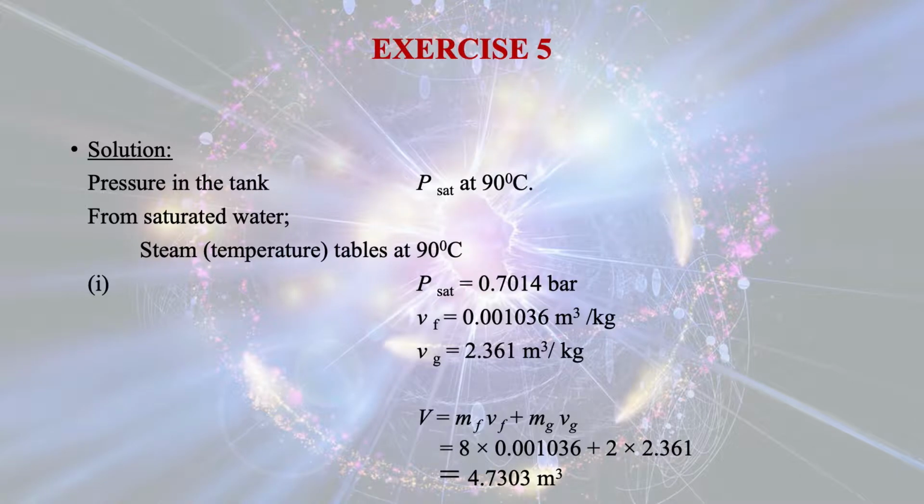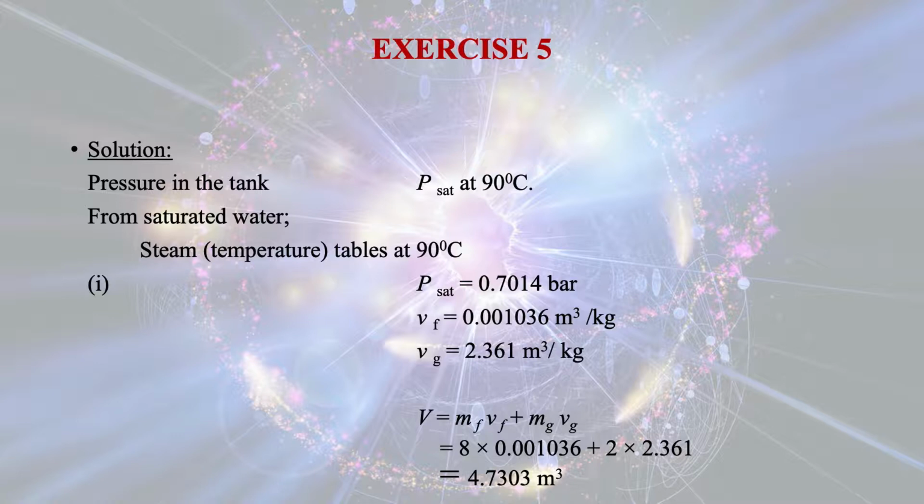Now the total volume is equal to the volume of the liquid plus the volume of the vapor. So mf, that is the mass of fluid, is 8 kg and the specific volume of the fluid is 0.001036, plus mg. How can you calculate mg? Because out of 10 kg the liquid water is 8 kg, so the vapor will be 2 kg.